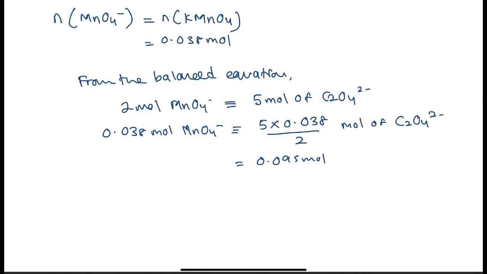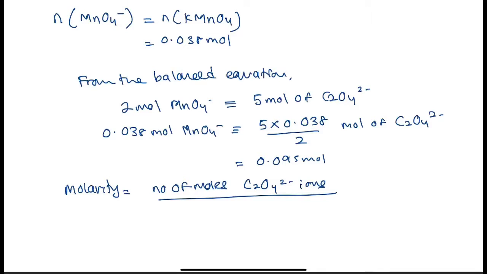So in order to find molarity, in other words concentration, we would be using the formula molarity equals the number of moles of C2O4 2- ion divided by the volume of the C2O4 2- solution.